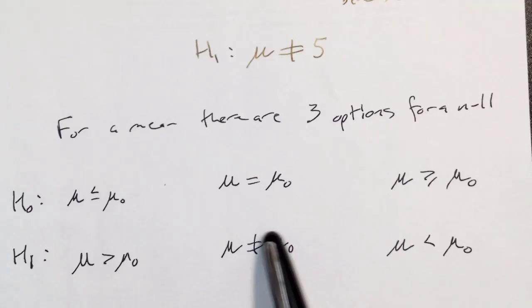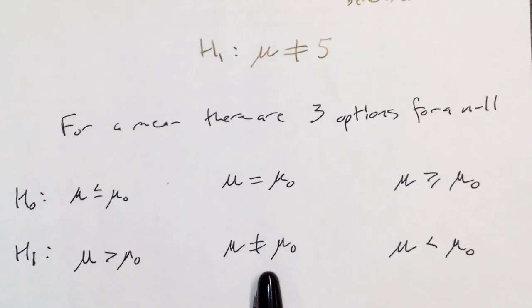If I had something that looked like this middle version, the alternate hypothesis doesn't tell me whether my number is too low or too high, just that it's something different. I said the average was 5, maybe the average turns out to be 4, maybe the average turns out to be 7. But it could go in either direction, right?